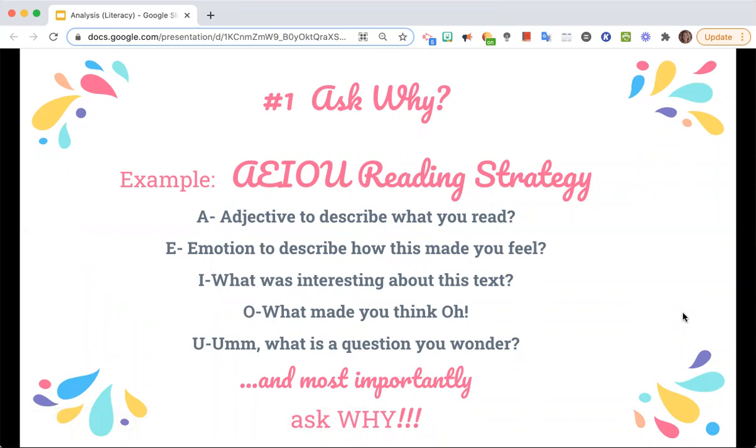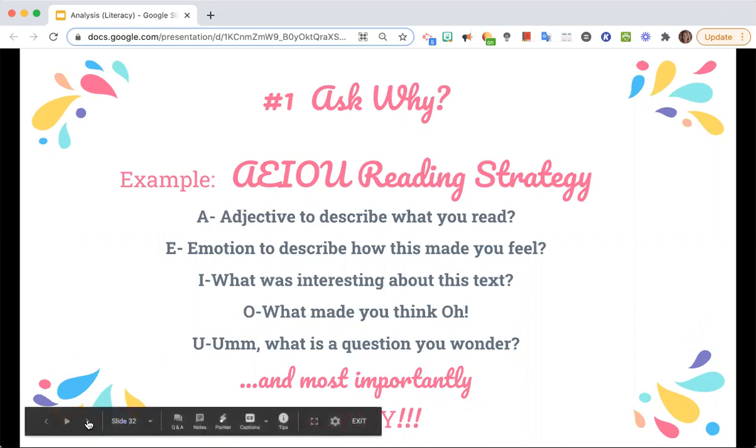Essentially, we're going to share a piece of text with our students, and we're going to have them identify an adjective, so the A, to describe what they read, an E, emotion, to describe how it made them feel, I, what is interesting about this text, O, what made you think, oh, or what surprised you, U, what is the question you wonder. But the most important part of this activity is that we ask why.